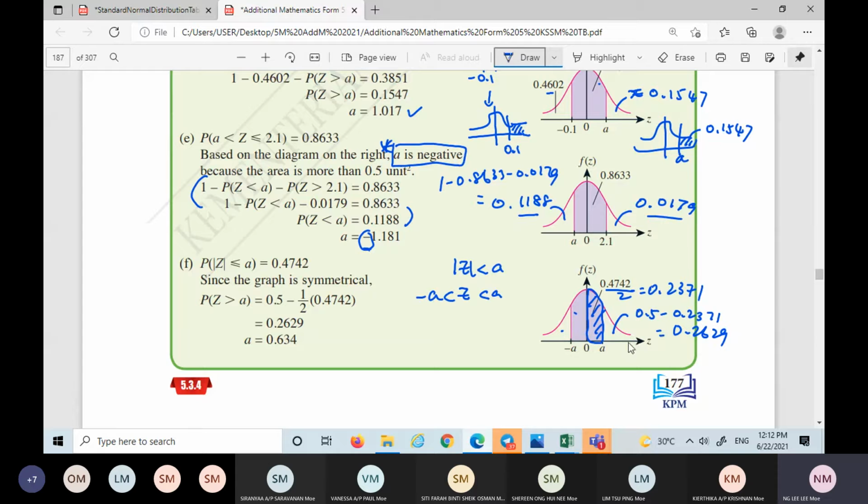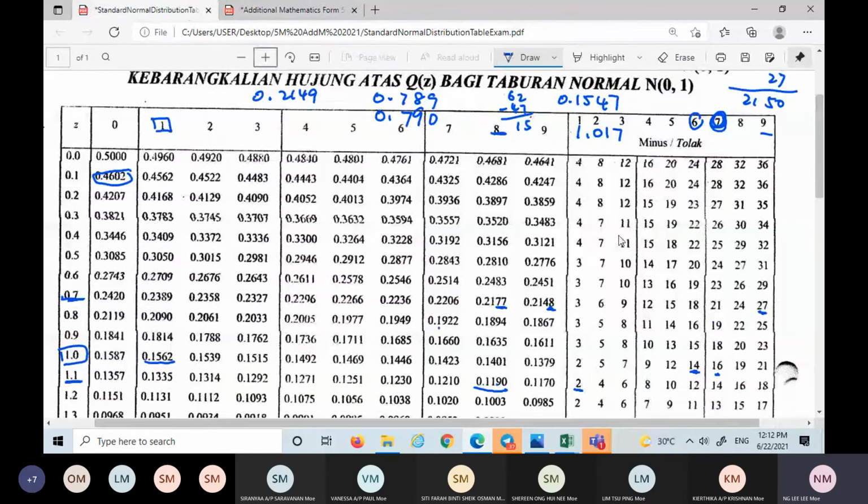Then this is the right tail. So you can use it straight away, directly from the table, inside out, to get the value of A. So 0.2629, I come back here. 2629, where? 27 here, this is 24 already, 26 here, 4311. 11 is the smaller one, so this is the answer.